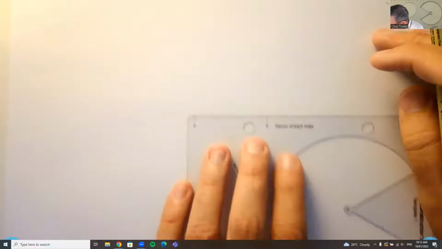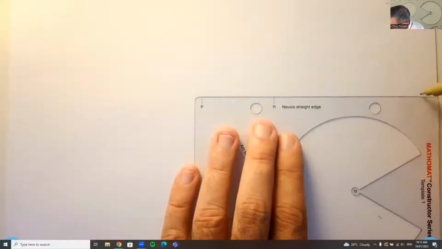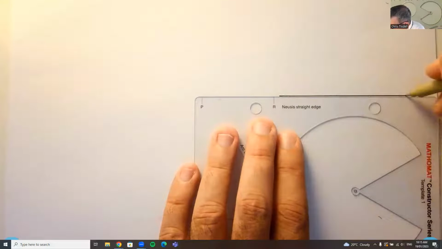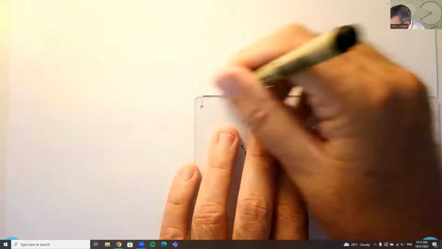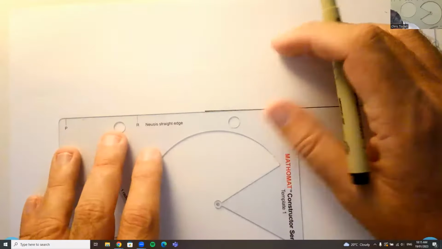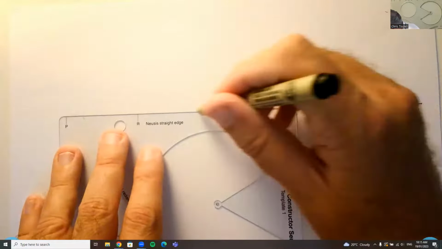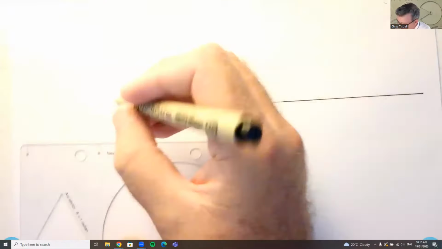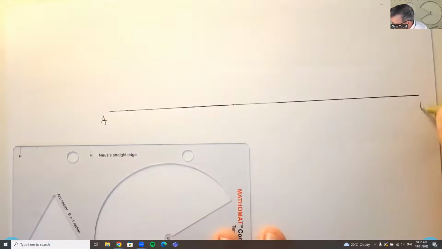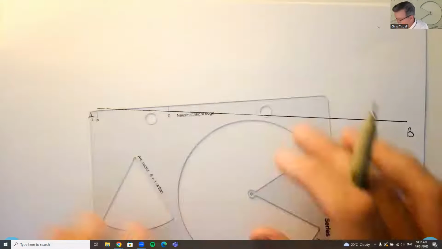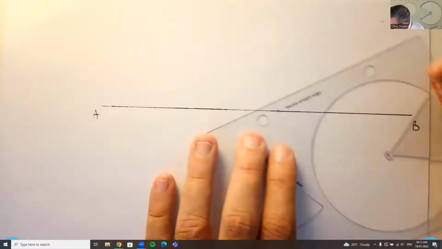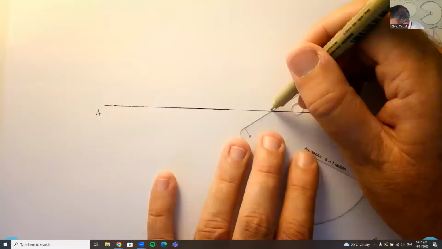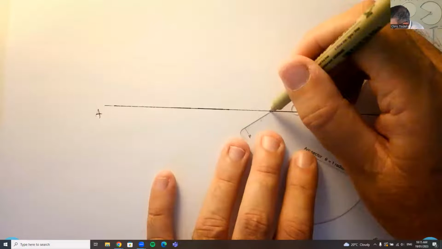I'm going to start over here, and I'll just draw in the initial data. Okay, so let's say we've got A, B, and I'll draw in an angle. Let's say we'll start there.